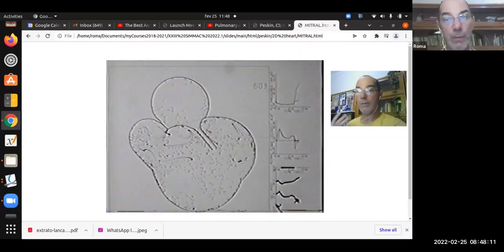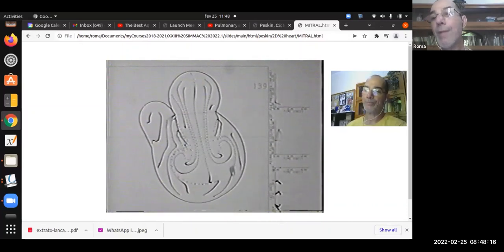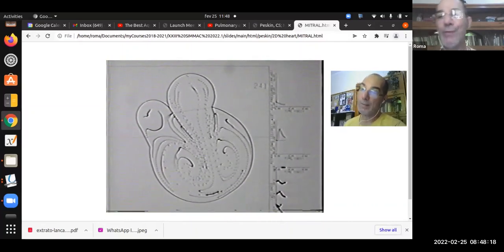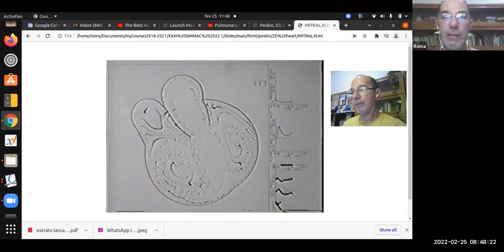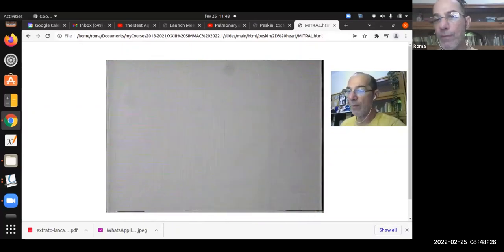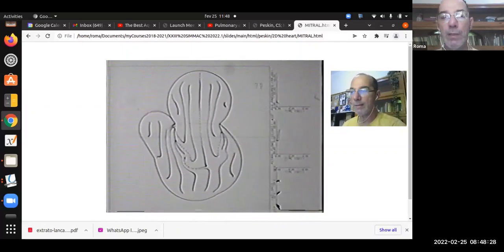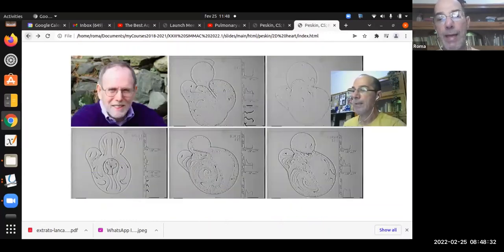And this is a computer simulation. This is not an animation, this is an animation of computer results. So you see here some features of the flow, some vortices, how the valves behave, right?